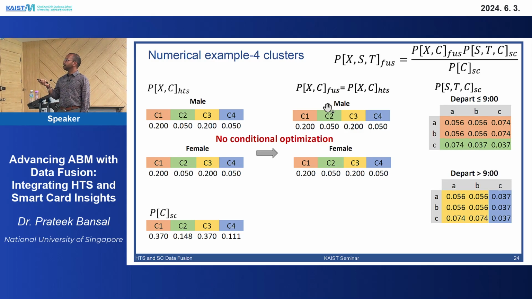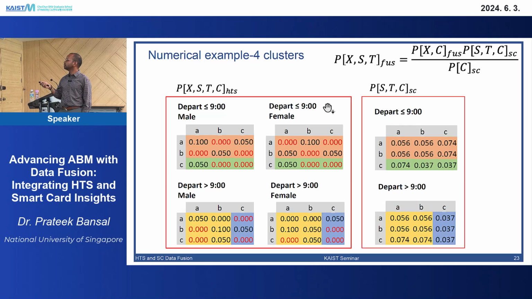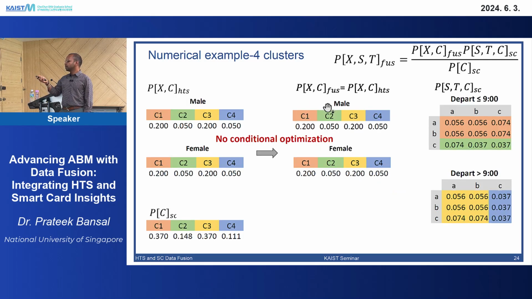So let's say, and we can similarly create the YSTC SC, this is just directly using the distribution that we generated here. So we have the STC distribution here, and let's say we have the XC HTS distribution. Now, to compute this XC fuse, one thing that we explored is maybe we just replace it with the HTS data, right?